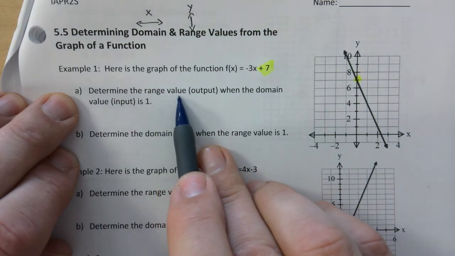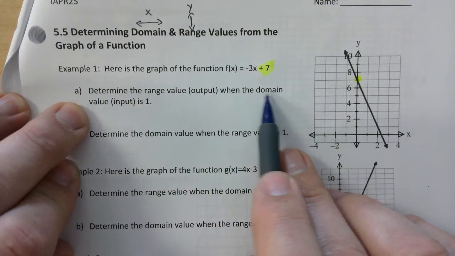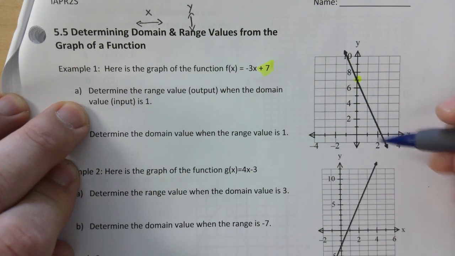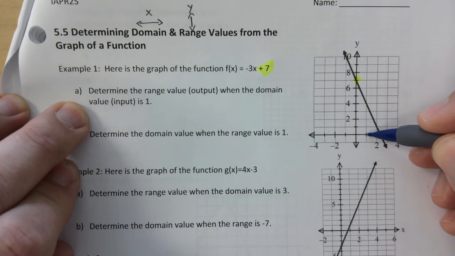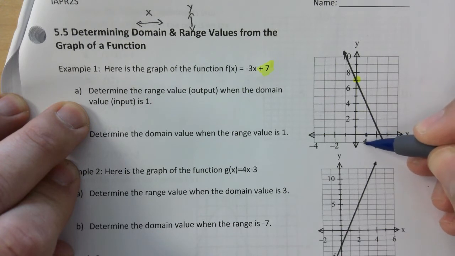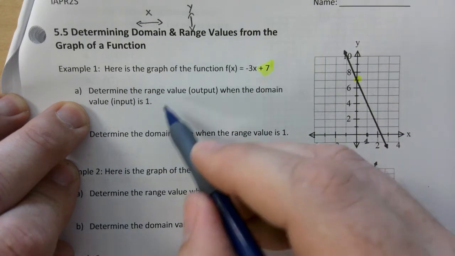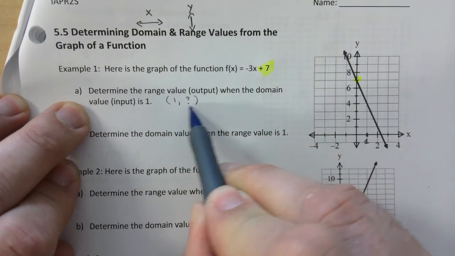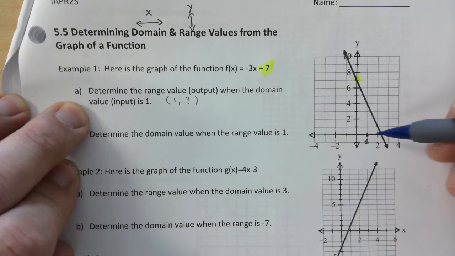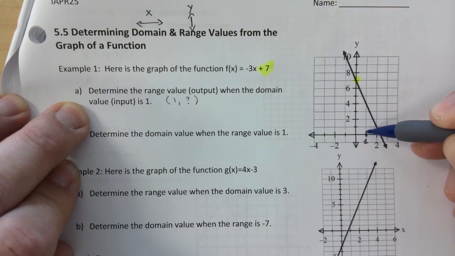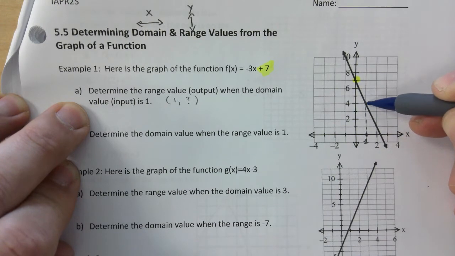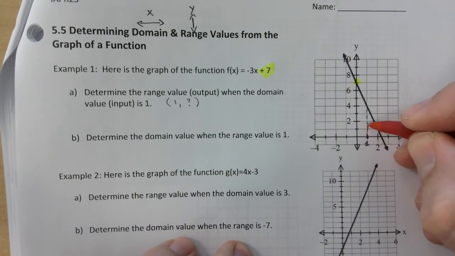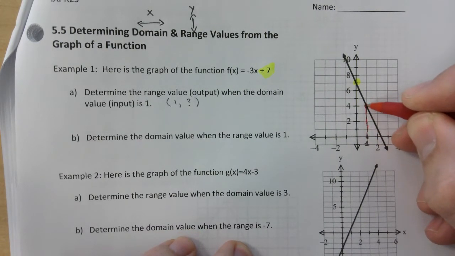Determine the range value, the output, when the domain value, or the input, is 1. So when x is equal to 1, what is my y value? That's what they're asking. You find x is equal to 1, and then you just go up until you hit the line, and it's right here.